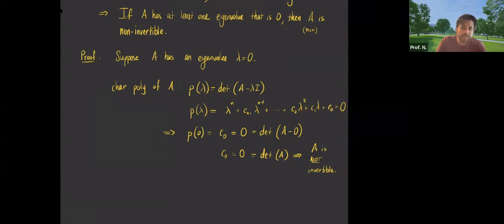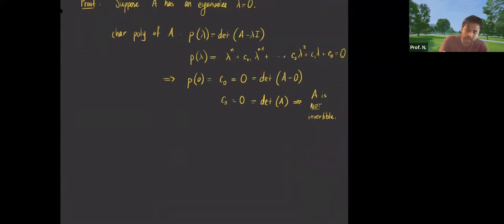So then by the same nature, right? If the determinant is non-zero, do you see that? So if the determinant was non-zero, then this would imply that C0 is not 0.